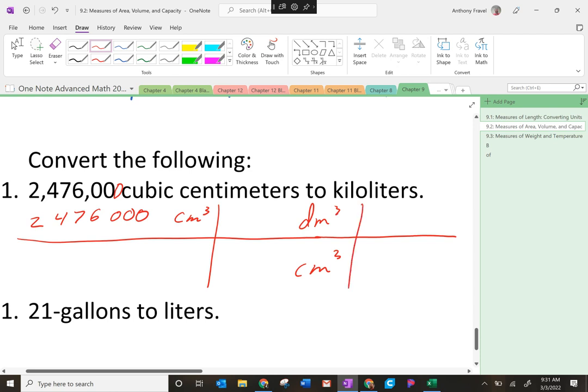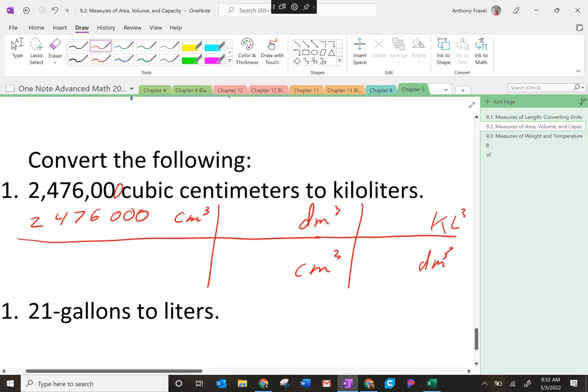And then I know I can go from decimeter to liter, deciliter to kiloliter. Again, I'm just going straight through. I'm just looking at the labels first. I'm not worried too much about what the numbers are until after I figure out how I can go through and cancel those things out.